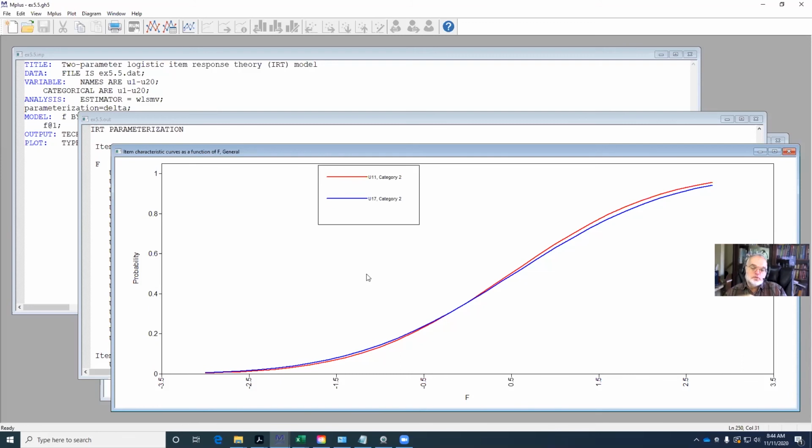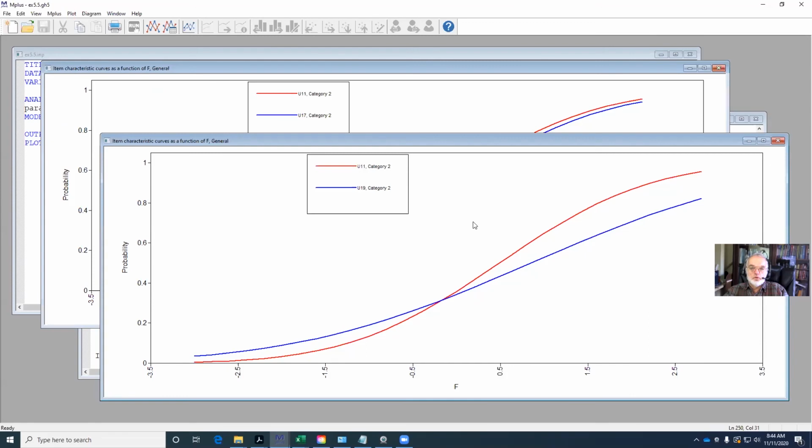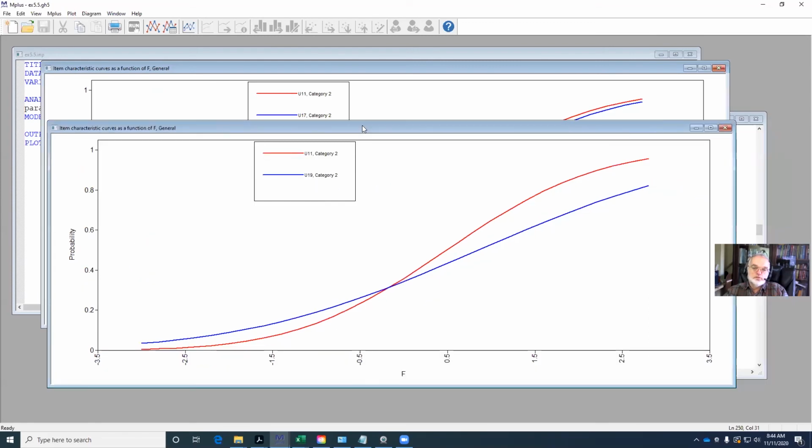I guess it's important to say the name of the game here is you're trying to use item response theory to give you a rationale for choosing one item over the other in terms of the decision you want to make. Say you're going to give someone treatment or non-treatment depending on their level.